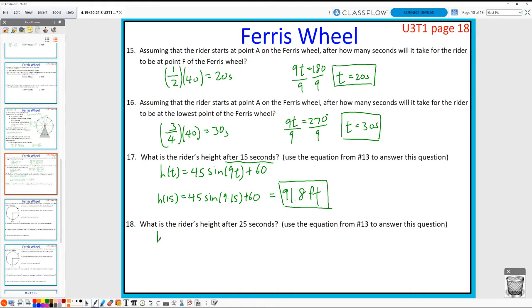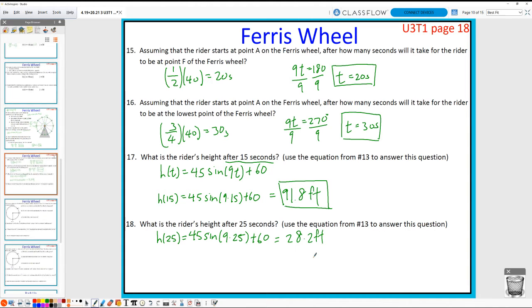Similarly, for number 18, h of 25 is going to equal 45 sine of 9 times 25 plus 60. Same deal, I'm just changing my 15 to 25, and this time I get 28.2 feet.